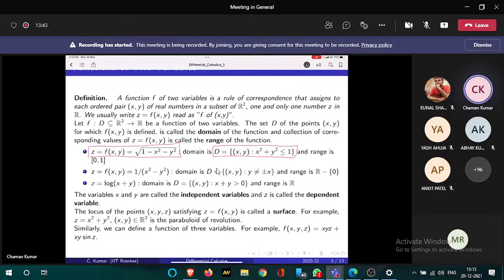And one can see that whenever x square plus y square is less than 1, the quantity inside the square root is less than 1. That means the value of the function will be in the interval 0 to 1: 0 when x square plus y square is equal to 1, and 1 when x square plus y square is equal to 0.